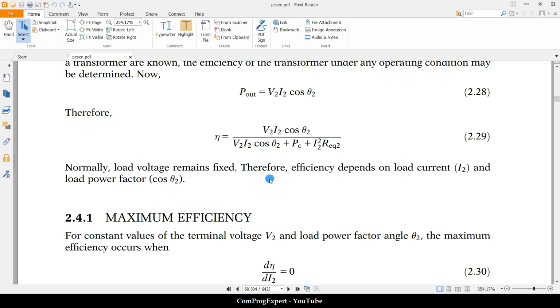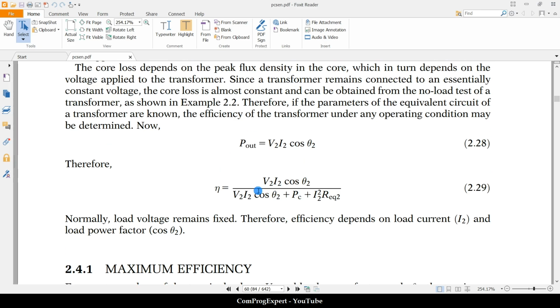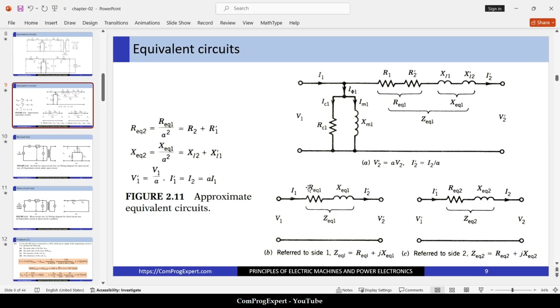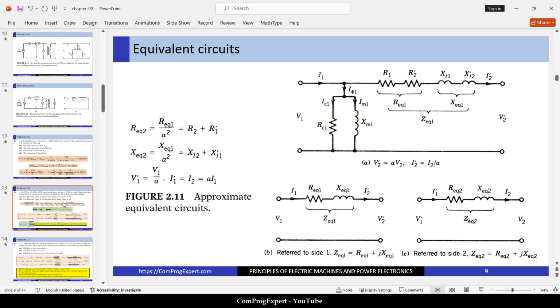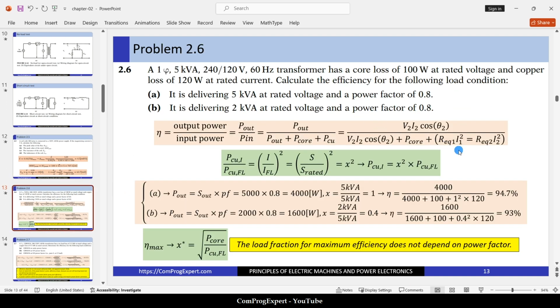So how can we extend this equation for any arbitrary power factor or load fraction? The value of the core loss depends on the rated voltage of the primary and secondary coils. You remember from the previous chapter we had a problem.